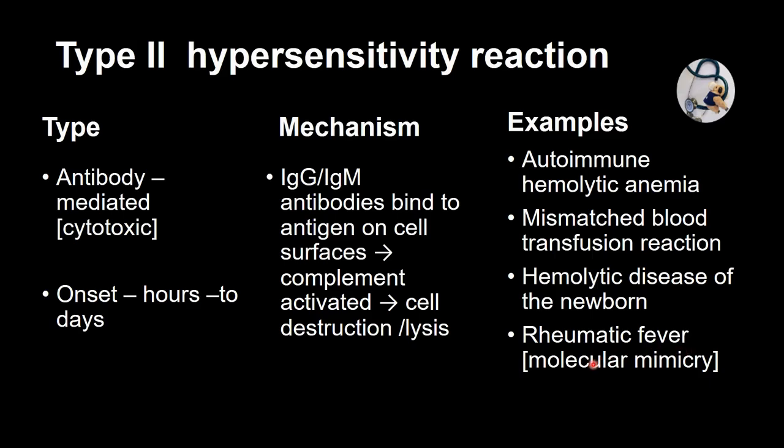Especially the streptococcal M protein, against which antibodies are formed, and those antibodies come and attack the tissues where they have the antigen similarity, like in the heart, joints and different parts of the body. So this mechanism is known as molecular mimicry, which is mainly followed in case of rheumatic fever.